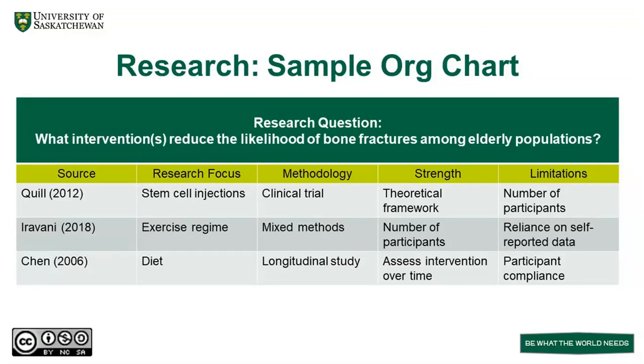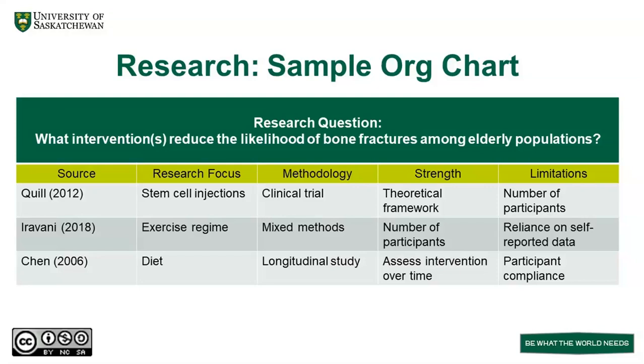You could include additional citation information in that column on the left, and then briefly the research focus of the project, the methodology used, and this is where it becomes especially useful, identifying strengths, limitations, or weaknesses, because in tracking these comments, you are ensuring that your analysis doesn't get lost.